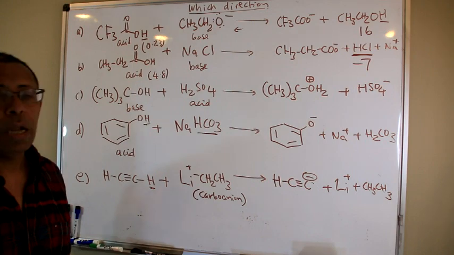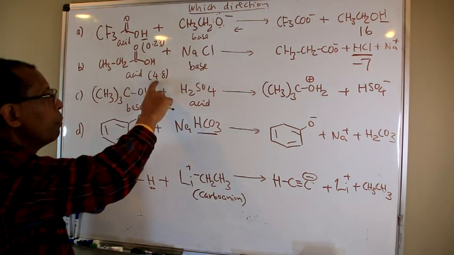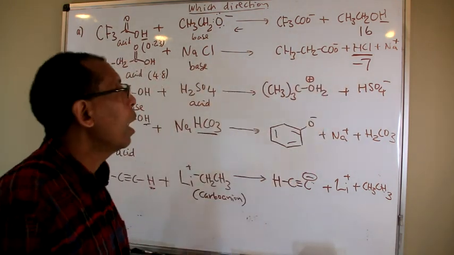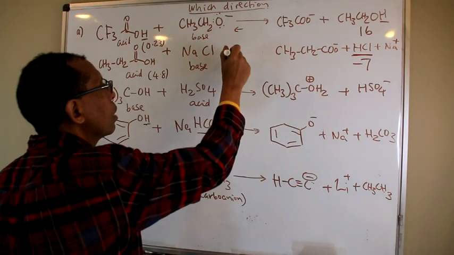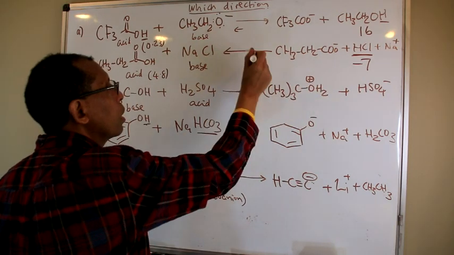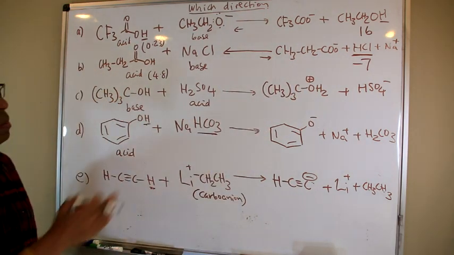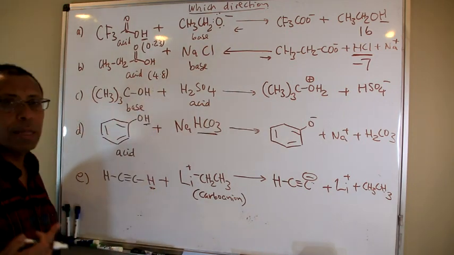So this reaction actually doesn't go in that direction, because starting from a very weak acid, you are going to a very strong acid. The equilibrium is more in this direction and much less in that direction. So the equilibrium has to be backward, and almost no reaction happens.